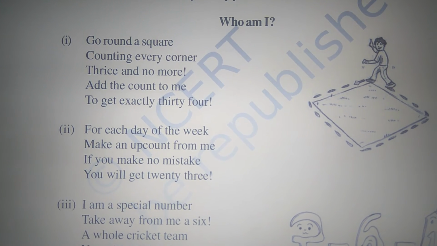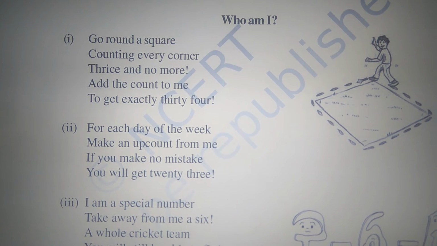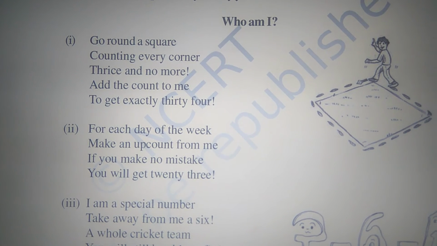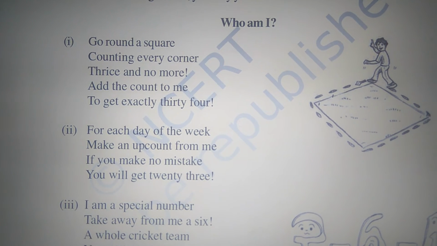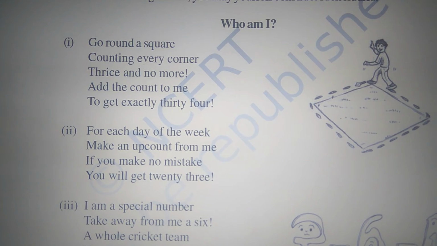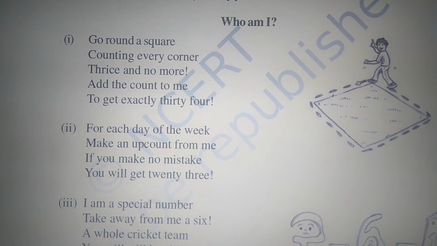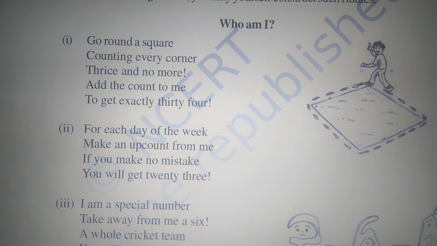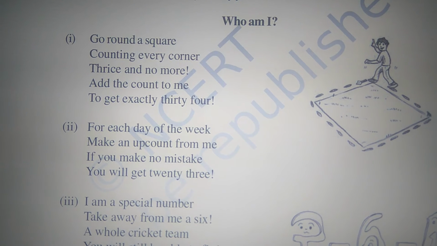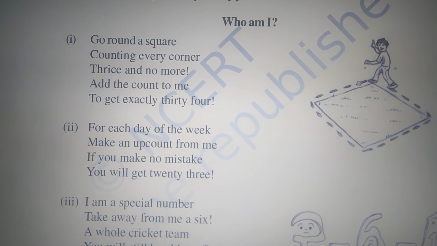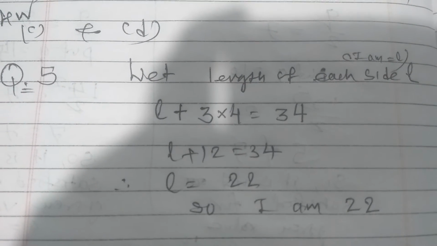Now when you go round, every corner condition is there. What is according to the condition? Thrice. Every corner thrice means, square has total 4 sides, and every corner thrice means 4 threes are 12 and no more. So L plus 12 is equal to exactly 34. Correct? Length of each side, that is small l.